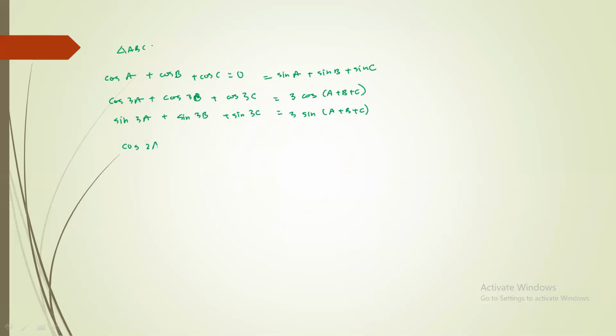So cos 2A plus cos 2B plus cos 2C will be 0, which is same as sin 2A plus sin 2B plus sin 2C.